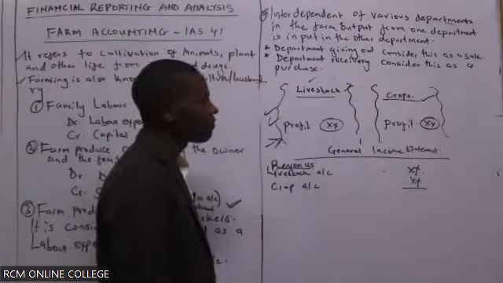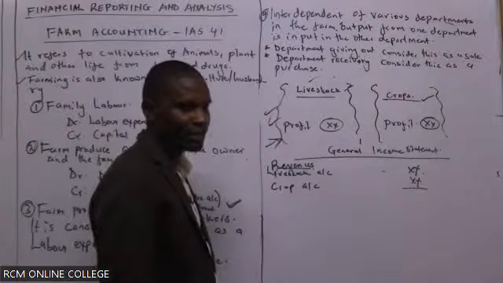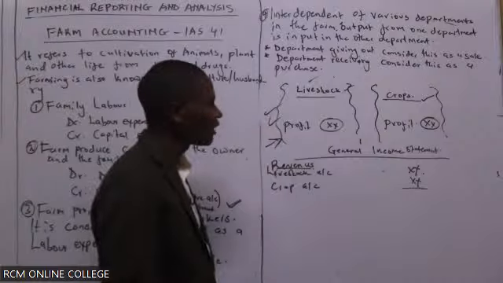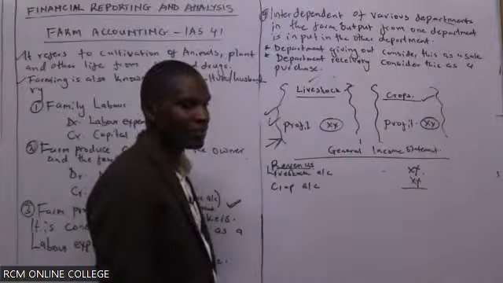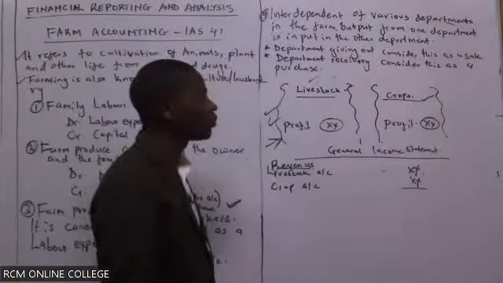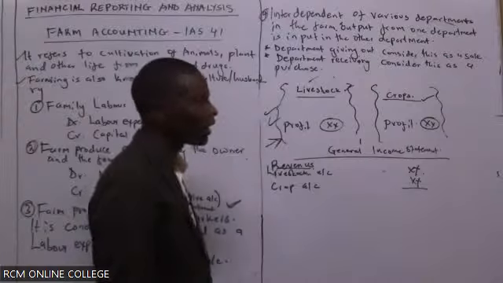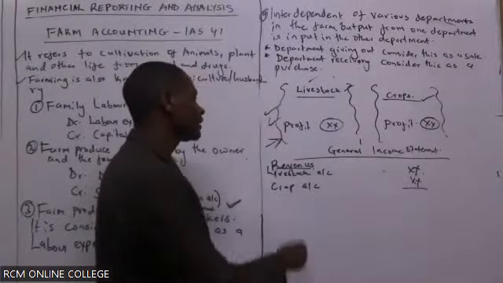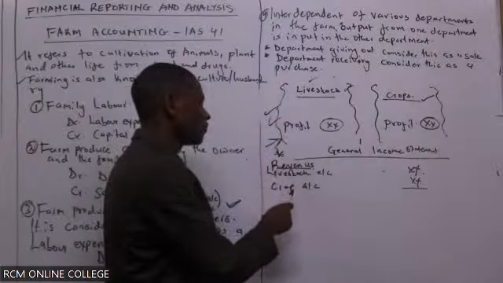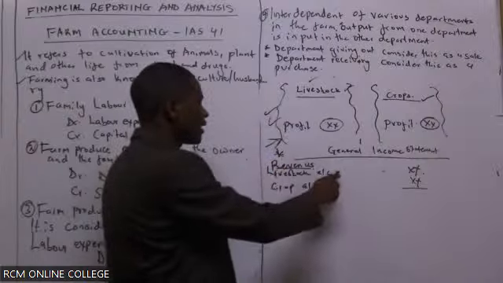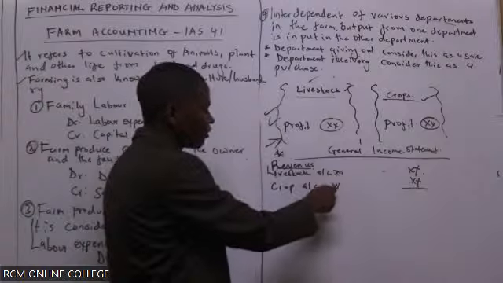If we talk of fertilizer for Napier grass, fertilizer for maize, we shall see how to deal with those. Then under general income, we shall not put them if we have already prepared the revenue account for each department.